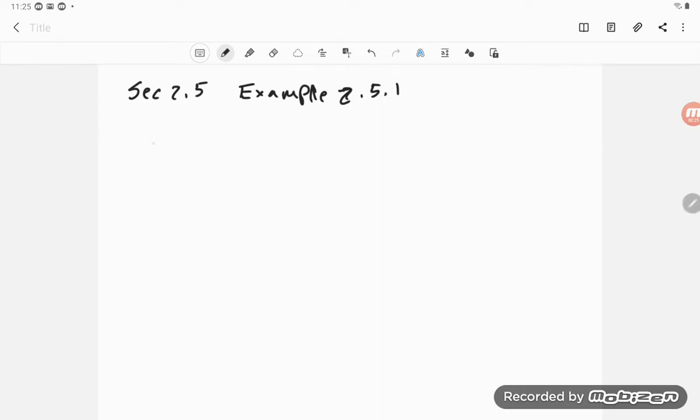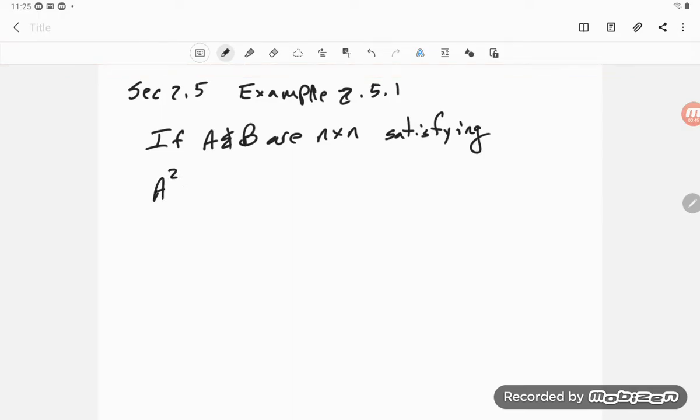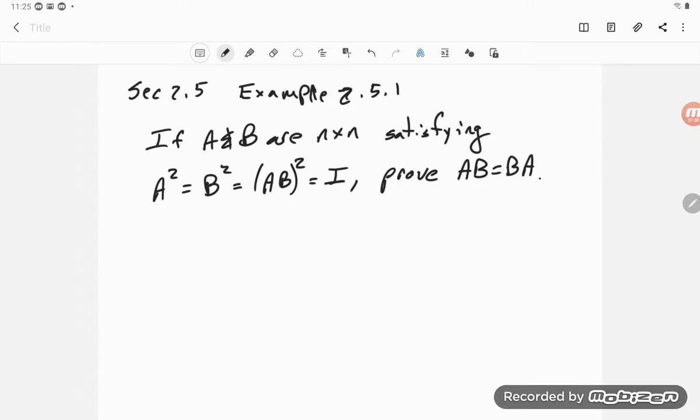So it says if A and B are n by n, okay, so we've got a couple of square matrices satisfying A squared equals B squared equals (AB) squared equals the identity. It says then prove AB equals BA.